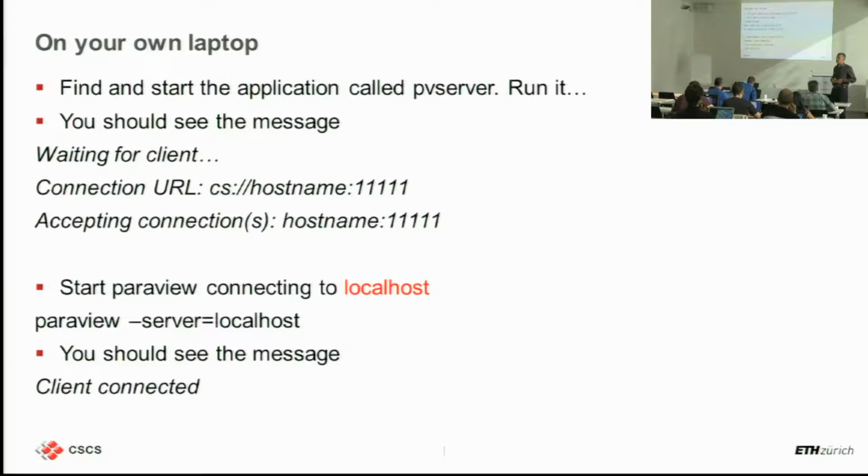Go to your bin directory, identify where the pvserver is and where the ParaView server is. Okay, everything good? Yeah, good. And once you have that, you're free to display your favorite data.